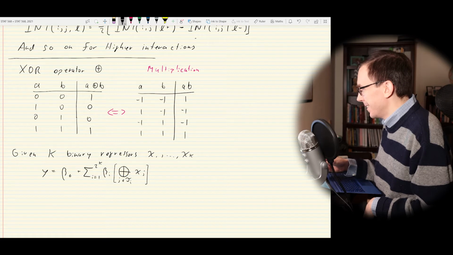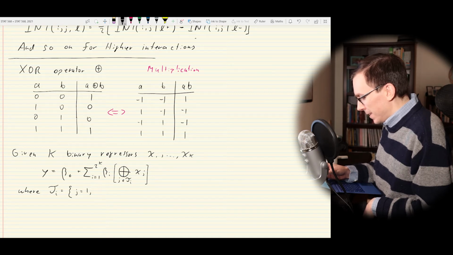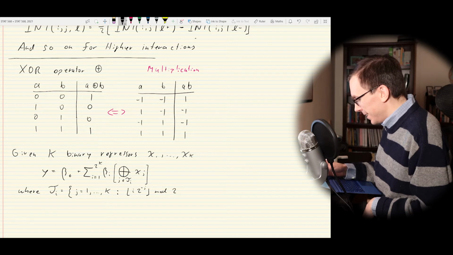And this is where that script J sub i is going to be an index set of j equaling 1 to k, such that the floor of i times 2 to the minus j, mod 2, is equal to 1.